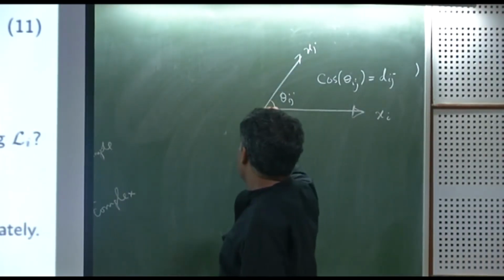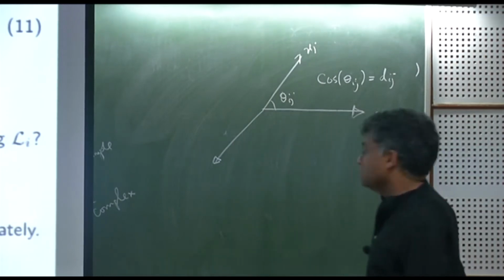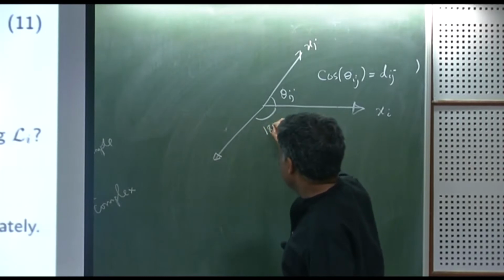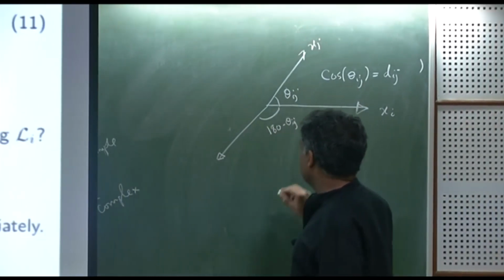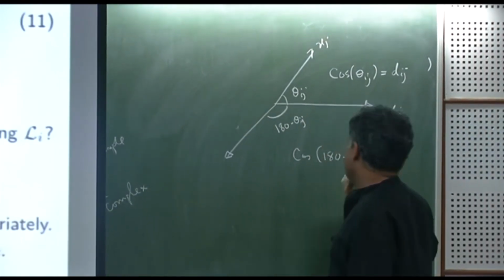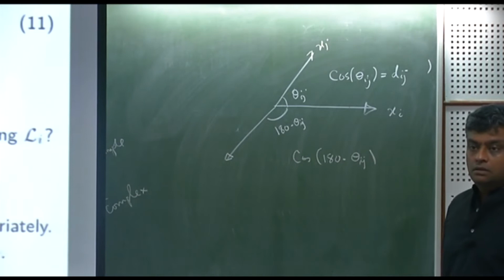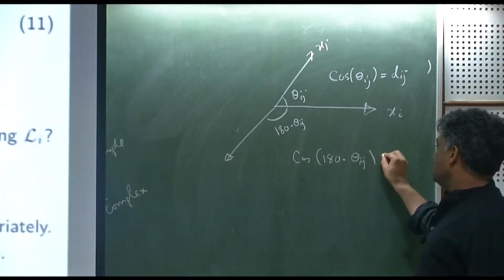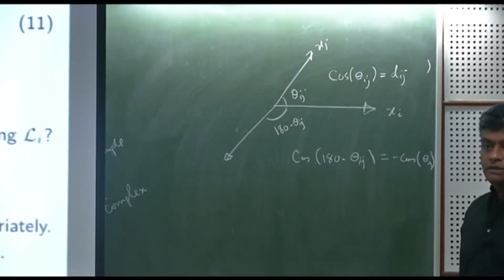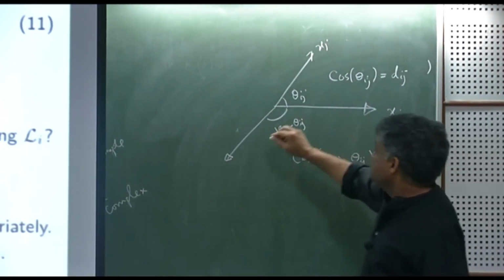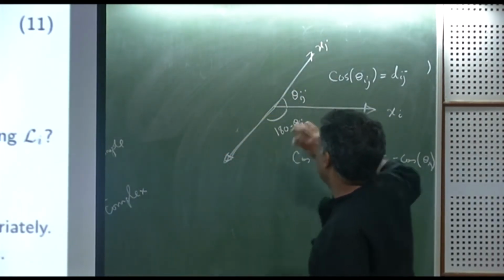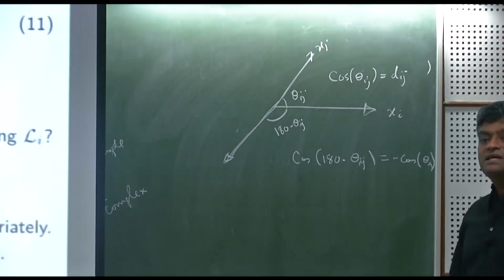If I take this other angle, this angle is 180 minus theta_ij. What is the cosine of 180 minus theta_ij? Minus cosine theta_ij. So what I'm saying is that when I'm looking at neighborhoods, somehow this movie and that movie should both be considered in the neighborhood.